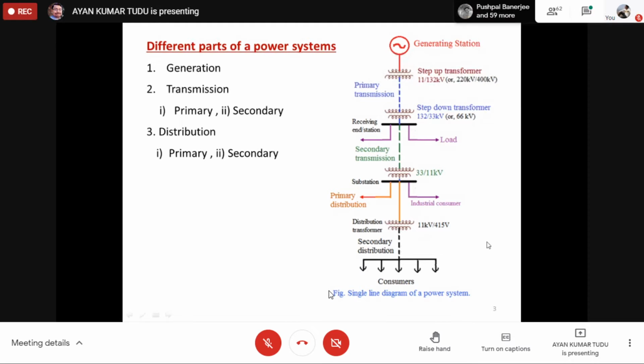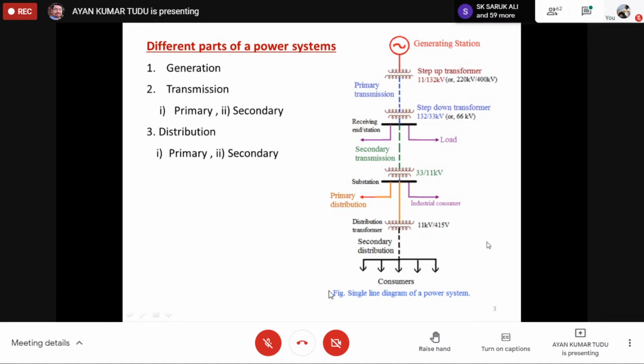We can call them a pole mounted substation. We have a base mounted substation, which means it is over a base. This all will be taught in the substation portion in the other half of this syllabus, in the distribution section.